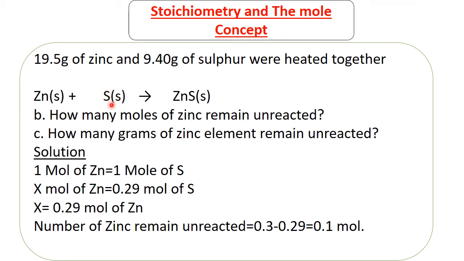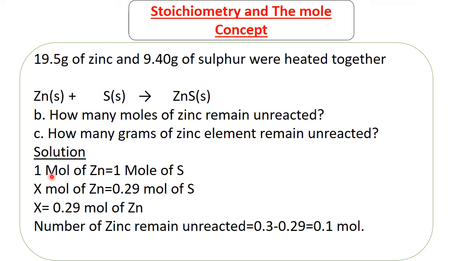We calculated that the moles of sulfur present in 9.4 grams of sulfur is 0.29, and this is the limiting reagent, so once it is depleted, the reaction stops. This is what is going to determine how many moles of zinc are going to be used, how many moles of zinc are going to remain, and how many moles of zinc sulfide are going to be produced.